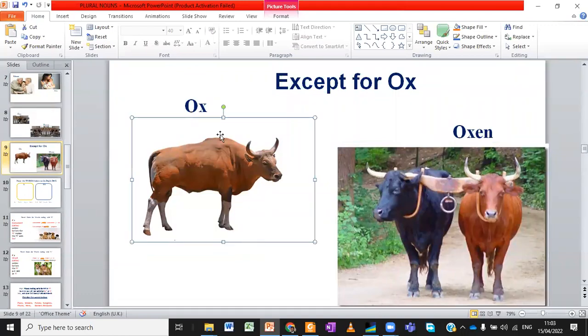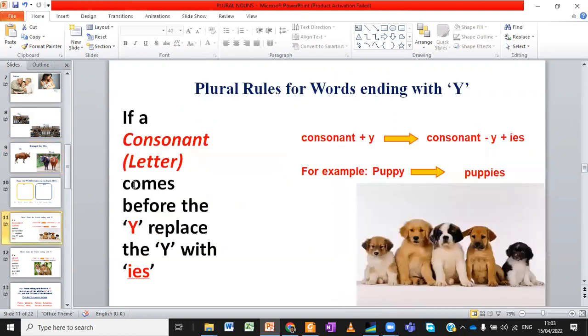Okay, as for ox, the plural is oxen, not oxes. Now, the plural rules for words ending with Y. Now listen to this. If a consonant letter comes before the Y, you have IES, okay? Let me repeat.